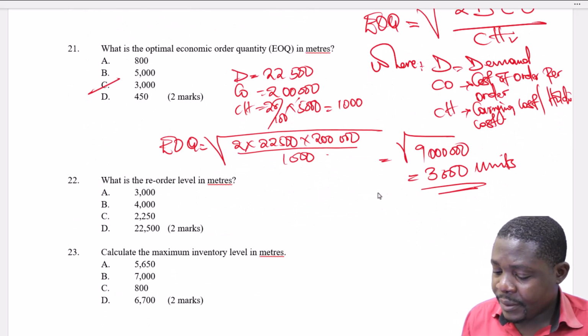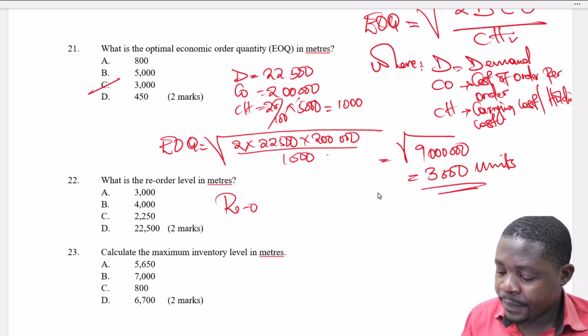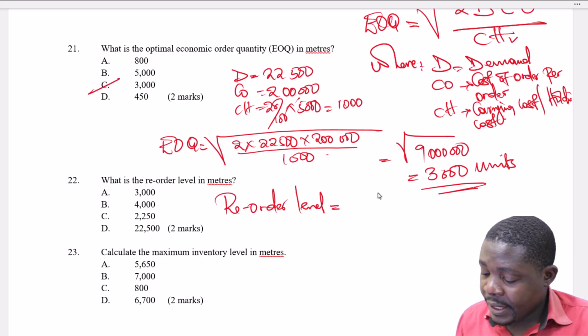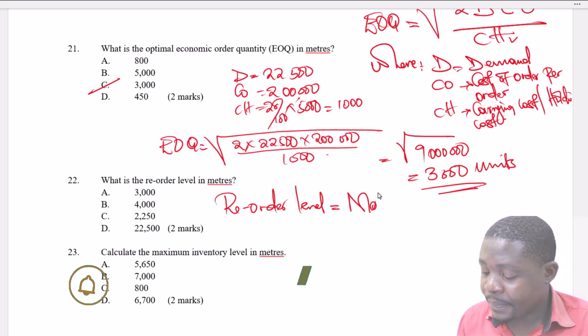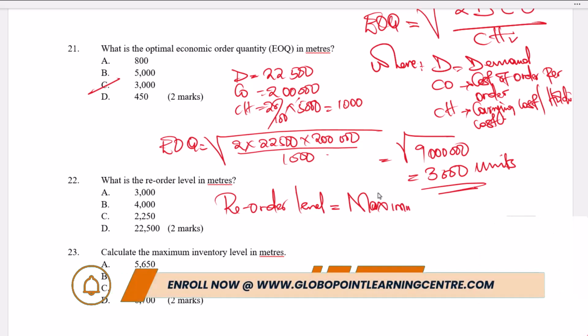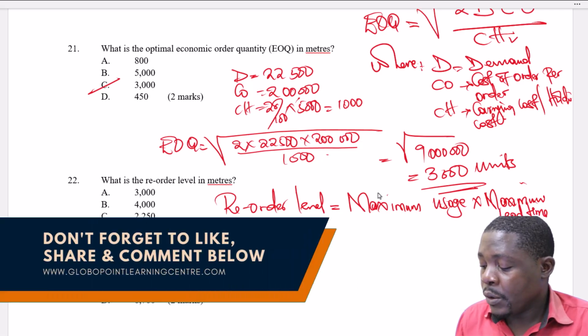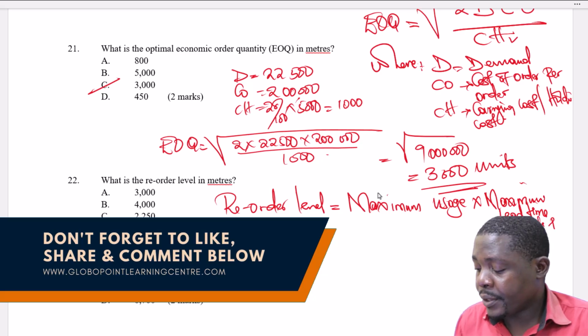Then we are told: what is the reorder level in meters? Remember we covered this in your notes. Reorder level is equal to maximum usage or consumption multiplied by maximum lead time, or what we call reorder period.